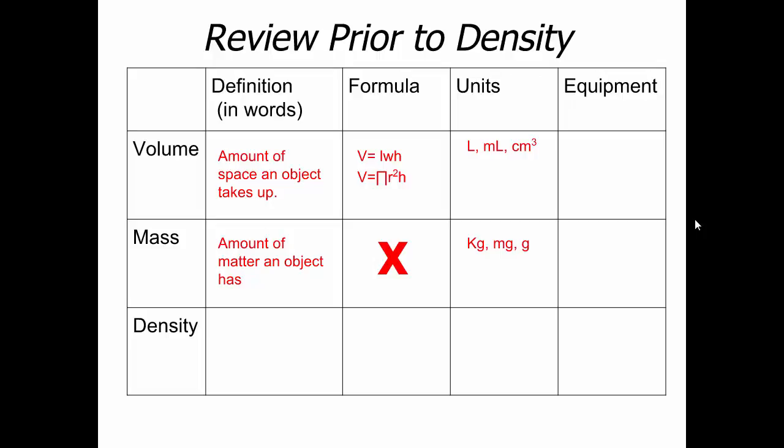Joe? A ruler. Ruler if it's something we're measuring. Or Grace? Water displacement. Using what equipment? A graduated cylinder. So either we use a ruler to measure the dimensions and to multiply, or we might use a graduated cylinder for water displacement. How about for mass? Francesca? A triple beam balance or digital scale.